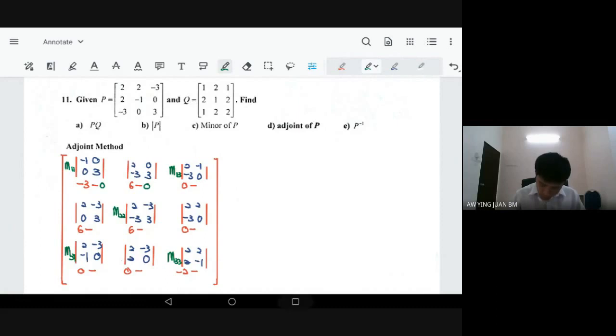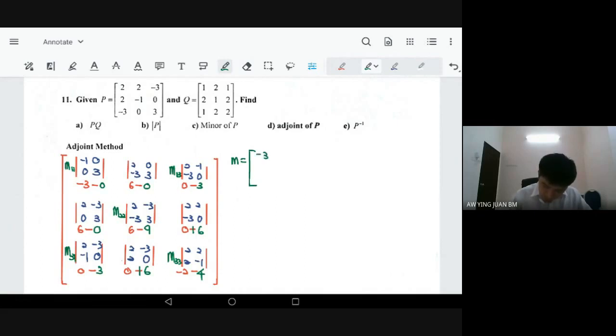Next, we have 3 followed by 0. Next, we have 9. Next, we have positive 6. Continue, 3. Next, we have positive 6, and then we have 4. So that is the process of finding the minor. You may check your answer with mine. So in here, we have the minor.